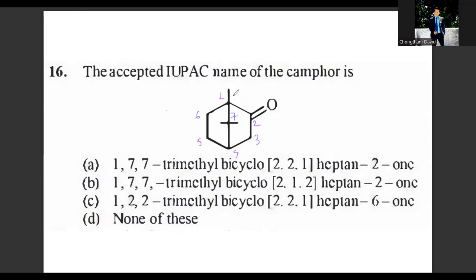So how to name this? 1, 7, 7. You have three substituents here, methyl as a substituent, 1,7,7-trimethyl. Since this is a bridge compound, it will be called bicyclo. And now you have this 2, 2, 1 in this position. Then count the number of the parent chain. It has 7 carbons. So heptan-2-one. Clear? So the answer for question number 16 will be A.